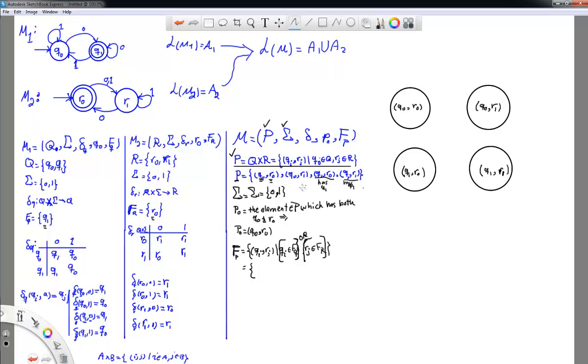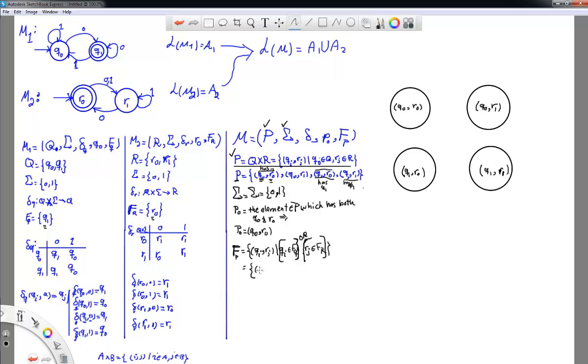Okay, so I accept these. And also the ones that have R sub 0. So these ones have R sub 0. This one has R sub 0, right? And this one also has R sub 0. So these states will be final states because they either have Q sub 1, which is the accept state of this machine, or R sub 0, which is the accept state of this machine.